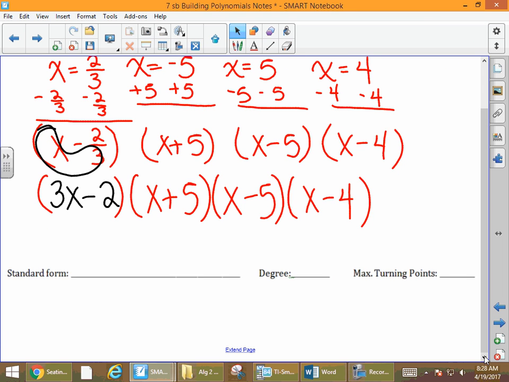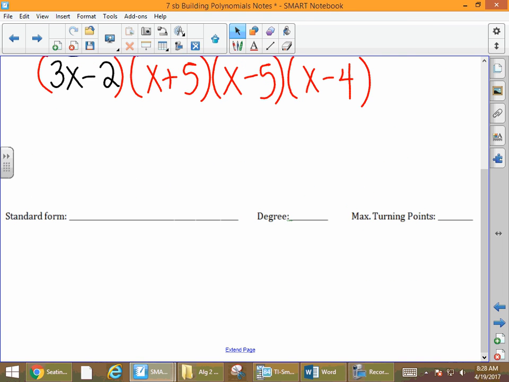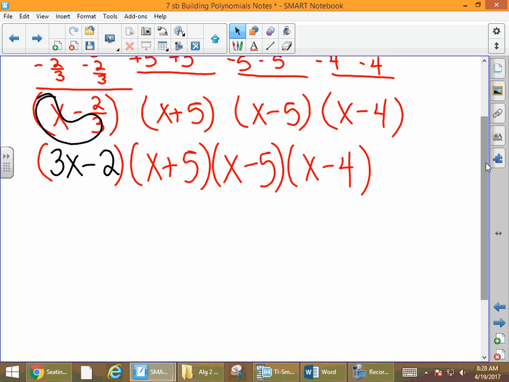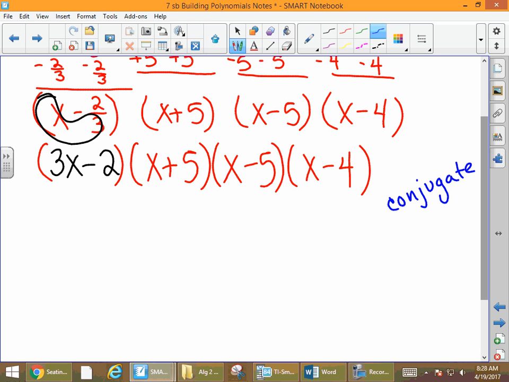But one particularly interesting idea in this problem is we have x plus 5 and x minus 5. Do you know what x plus 5 and x minus 5 are called? Well, you might not remember the word, which is conjugates. They're conjugates. So they don't completely cancel out, so be careful with that. Jessica?